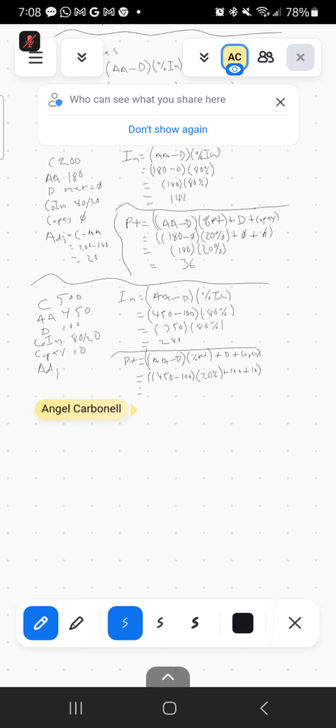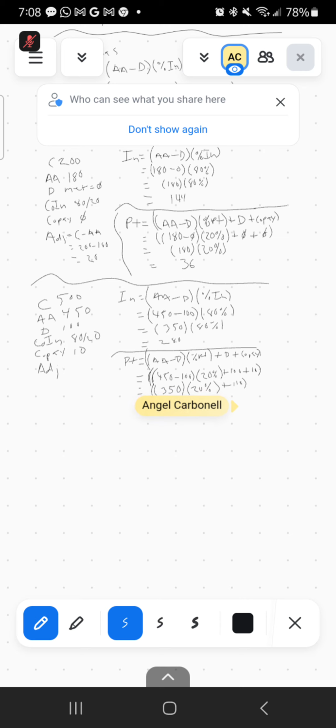Now you have 450 minus 100, 350. These are parentheses. I want to make sure that you know that times 20%. All of that, we're gonna add 100 plus 10 is 110.